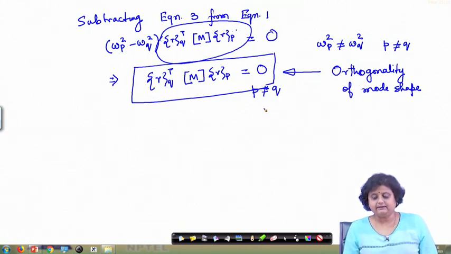So, I can write this for any p and q, p being from 1 to n, q being from 1 to n.